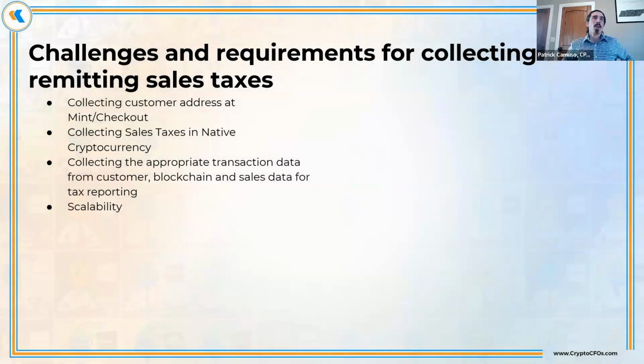So some of the challenges that companies are going to face once they even become aware that there's a sales tax exposure potentially to NFTs that they're selling, is that there's going to have to be certain information that's collected at the point of sale. Mainly for sourcing purposes, in order to get accurate tax rates and in order to properly source the sale to the correct tax region, you're going to need to collect your customer's full address to get what's referred to as rooftop accurate rates.